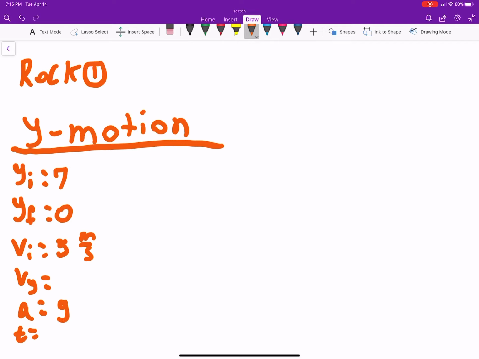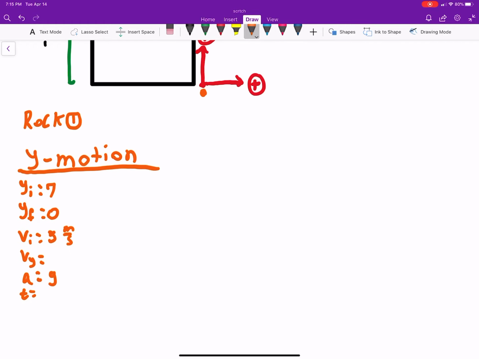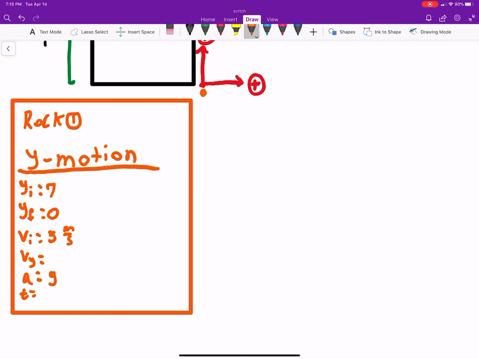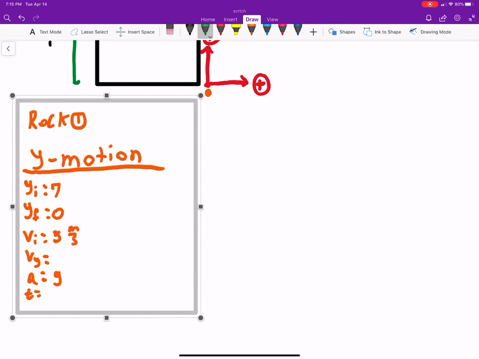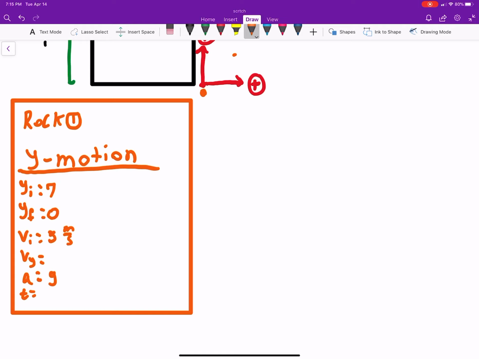Now, what we want to do is find, so this is Y motion for the rock. Let's box this. For rock 1, we need an equation that relates time, because ultimately that's what we're looking for, with all the stuff we know.